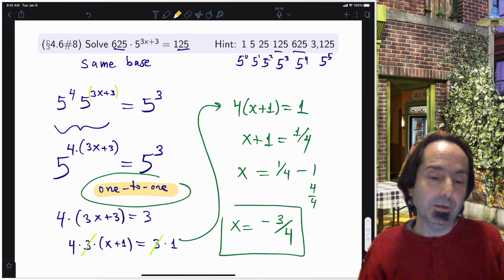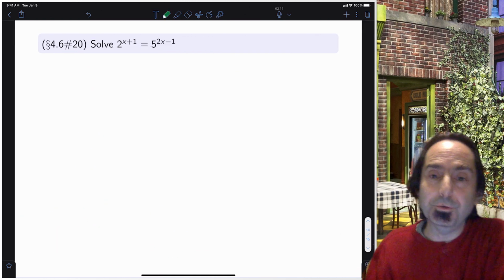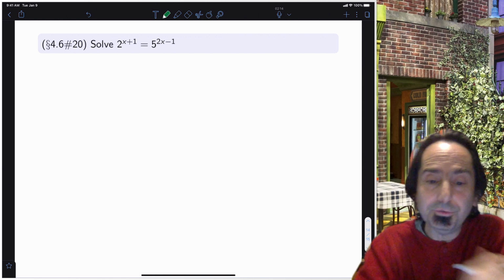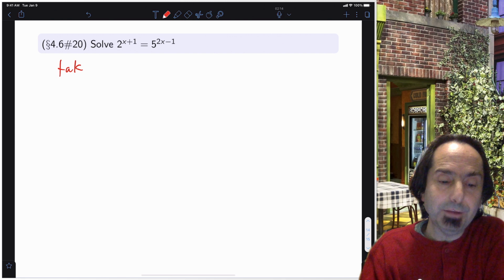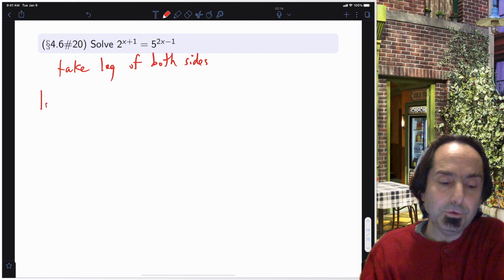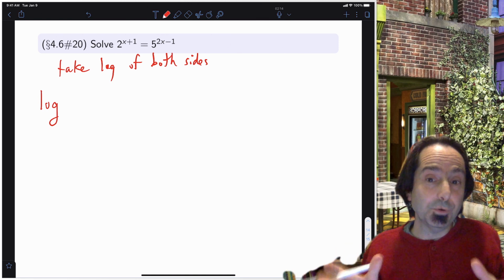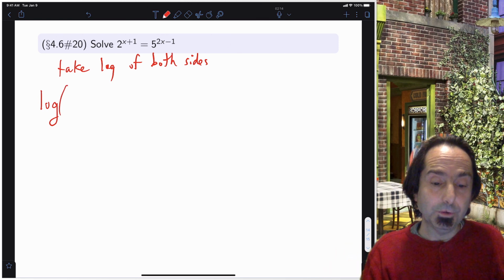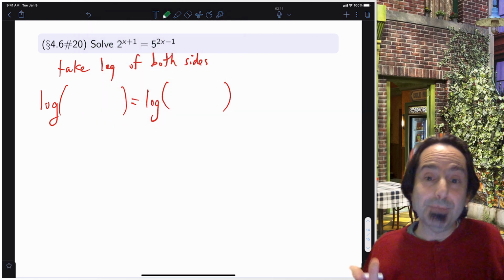We can't always use the same base situation. In that case, here's an example of what to do. This is an exponential equation, and what I'm going to do is take the log of both sides. And that's generally the case. If you have two sides that are equal, you can do the same thing on both sides and it's still equal. I'm going to take the log of the left side, and that'll equal the log of the right side. And it can be any log, any base you want.